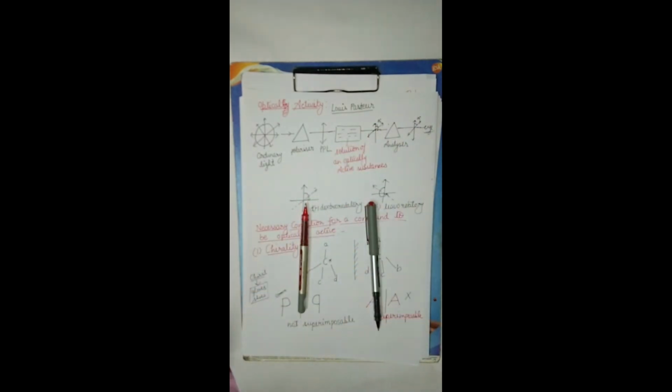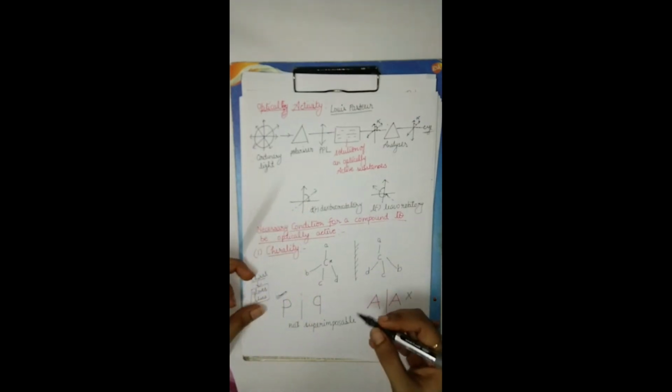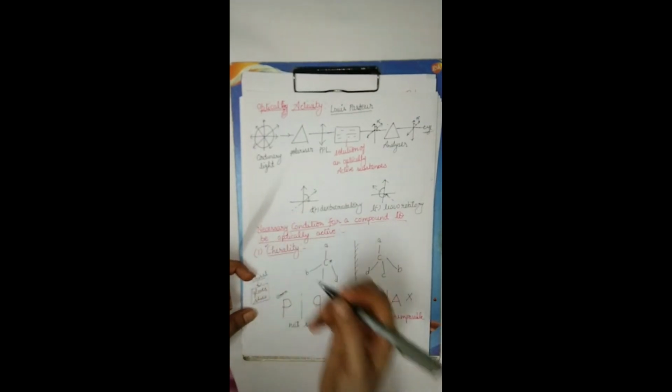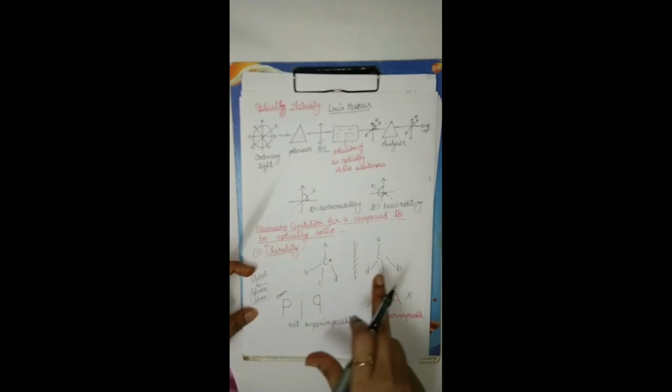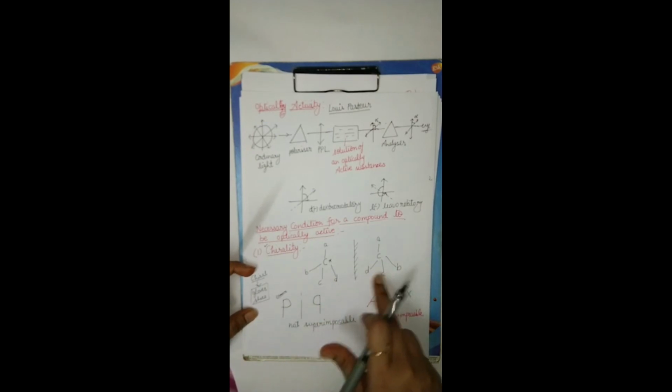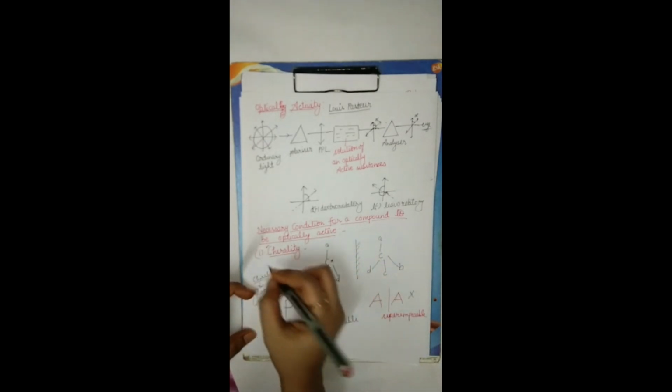Okay, so this is the first condition. It should have chirality. If there is chirality, then what will happen? It should have mirror images of each other. If there are mirror images of each other, then they also have non-superimposability to each other. So the first condition is chirality.